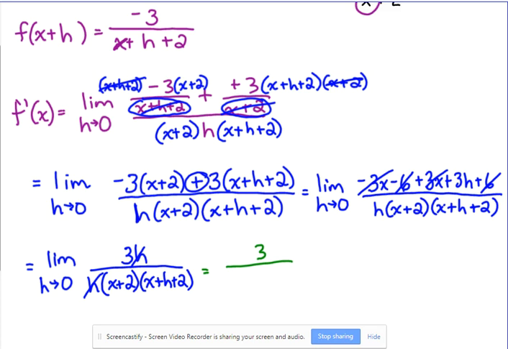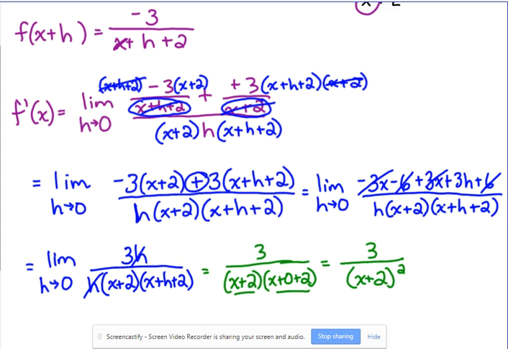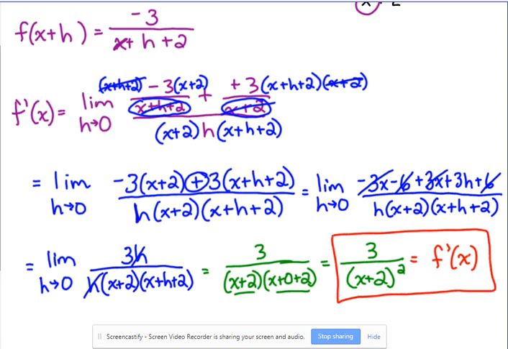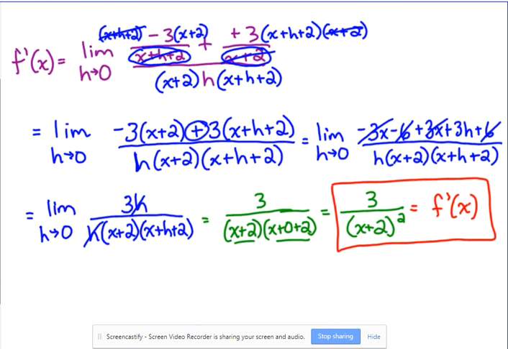So I had 3 left in the numerator. I'm plugging in 0 for h. So guess what I get in this problem? 3 over x plus 2 squared, because I got 2 of those down here, because x plus 0 plus 2 is just x plus 2. So we've got two of them. So that is our derivative of the rational function -3 over x plus 2. That's what its derivative looks like.